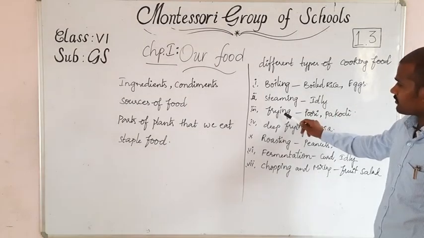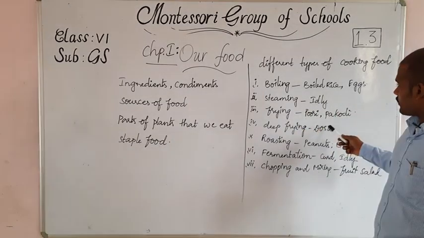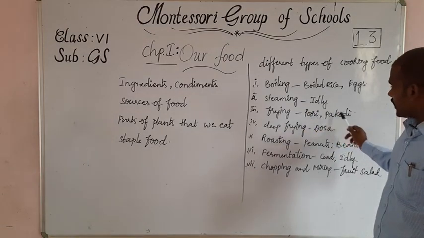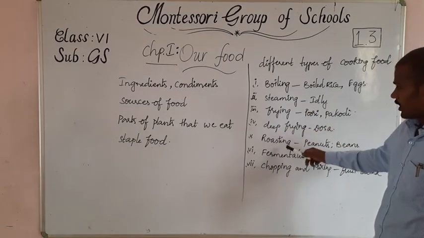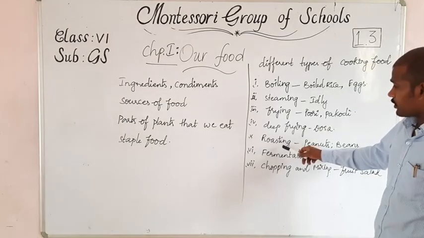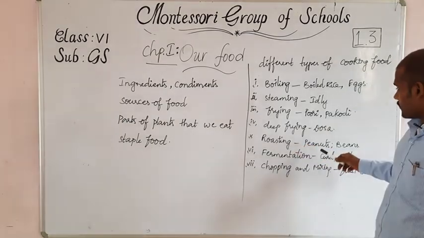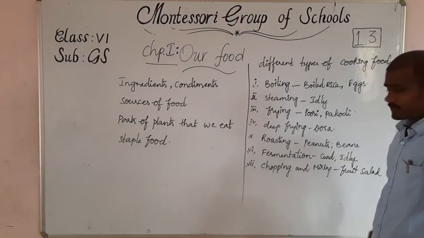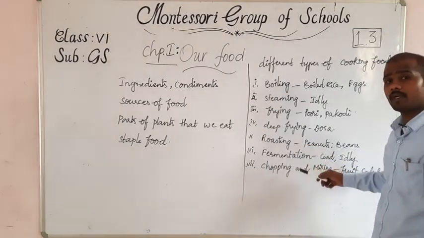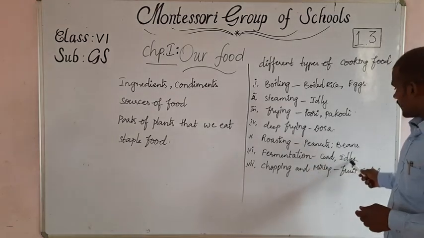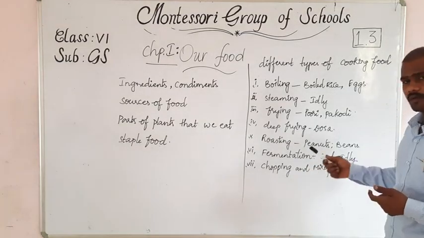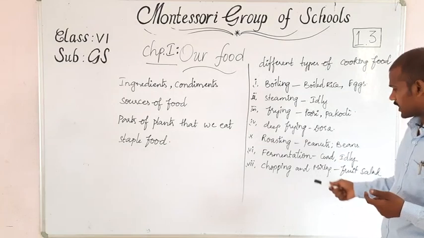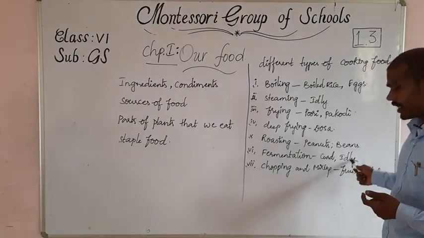For frying and deep frying, we can prepare food like puri, pakodi, and dosa. In roasting, we can prepare food like peanuts and beans. And when it comes to fermentation, curd and idli are prepared in this manner. The fermentation process takes place in the preparation of curd and idli.